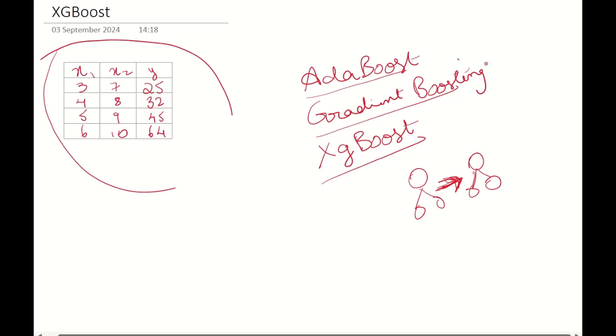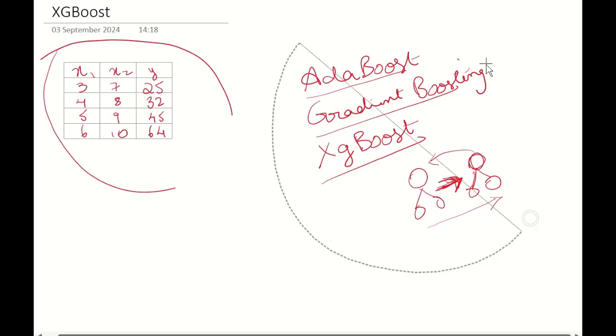In AdaBoost, the errors made in the previous model get more prominence in the second model, and the second model will try to emphasize those errors specifically and then correct them, whereas gradient boosting and XGBoost focus on predicting the errors itself instead of correcting the errors, and the accuracy gets better and better when the residuals, or the errors that are made, decrease over the models.